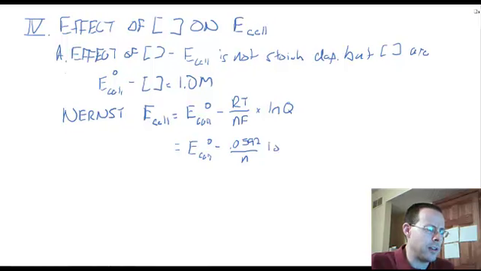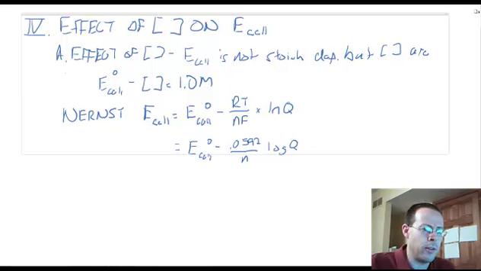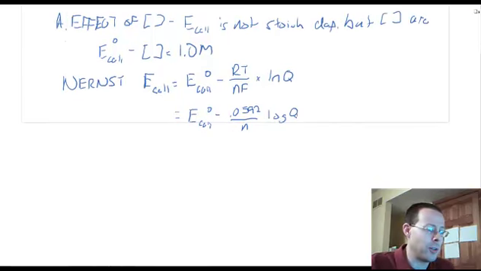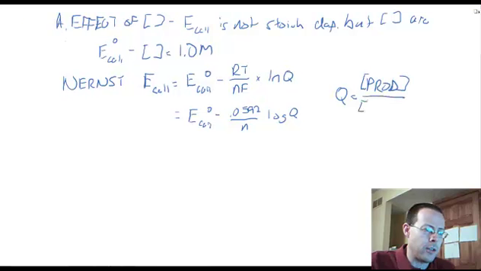And typically I think this is on your equation sheet as log of Q. We could also use the 0.0257 natural log of Q. Alright, and that just gets mixed up, and you'll have both of them, and you'll use both of them depending on what kind of mood you're in, or what the equation asks for. Alright, so just a reminder, Q then is always the concentration of products divided by the concentration of reactants.